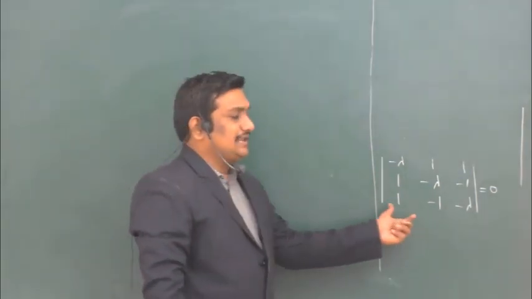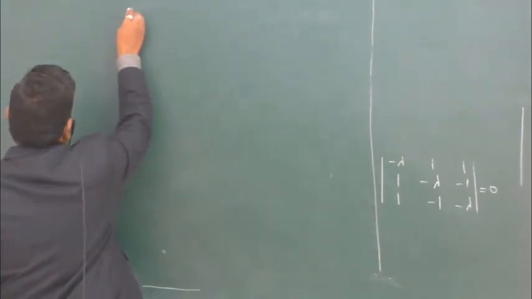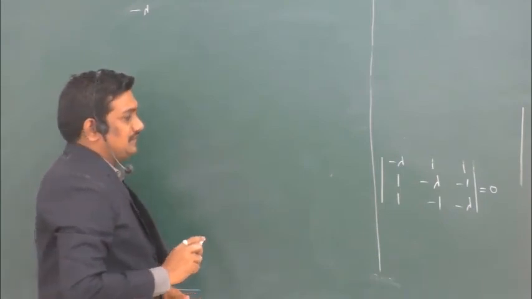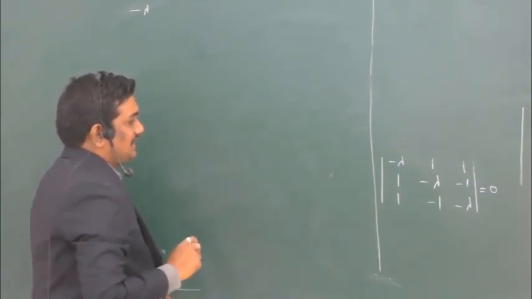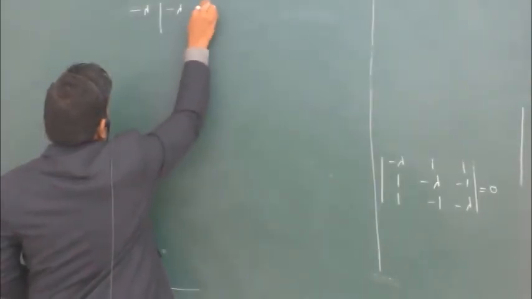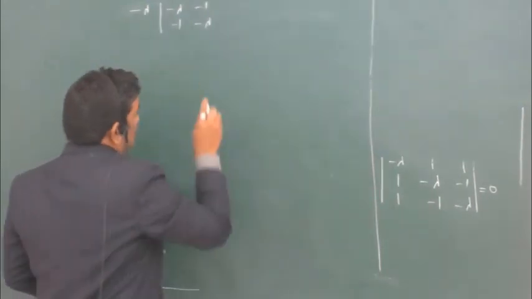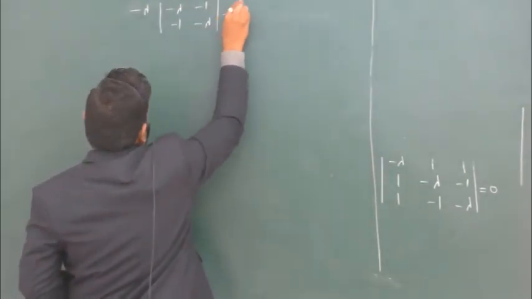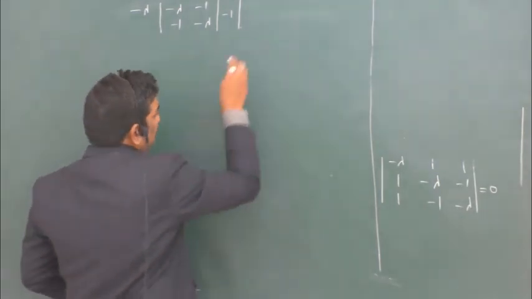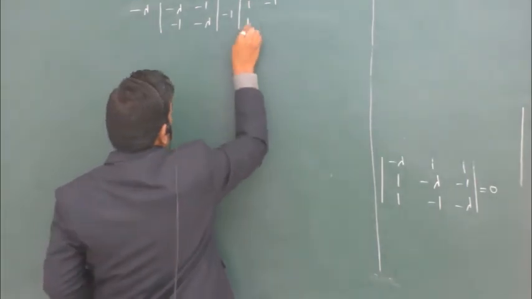So let us continue from this determinant. It will be minus lambda into, you close row 1 and column 1, minus lambda, minus 1, minus 1, minus lambda. Then minus 1 into, now you close row 1 and column 2, it will be 1, minus 1, 1, minus lambda.